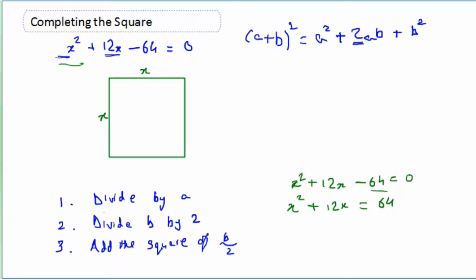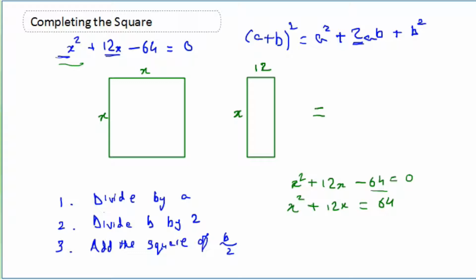Next we have to add 12x to it. So we'll draw a rectangle which has the same length as the previous square, and it should have a breadth of 12. So let's say that the length here is x and the breadth is 12. That's our 12x, and that should be equal to 64.